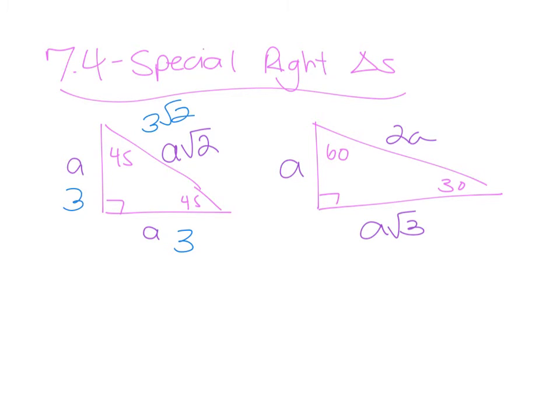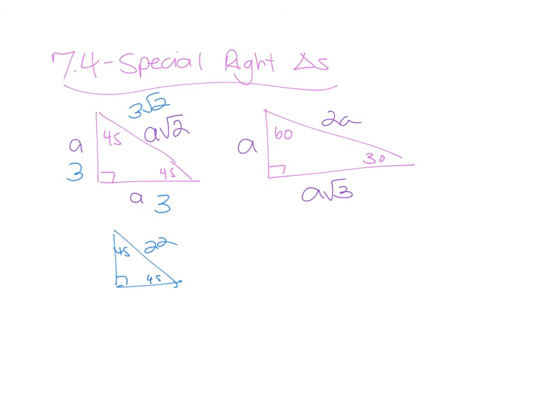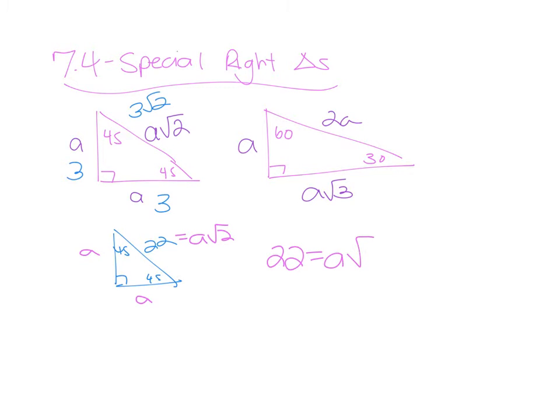It gets a little trickier if I'm to give you the side opposite the 45. So let's say that this is 22. So I would label, this is A, this is A, this is A root 2, and then I would solve for A. So 22 equals A root 2. I'd have to divide both sides by root 2.